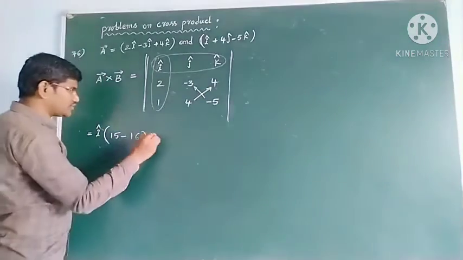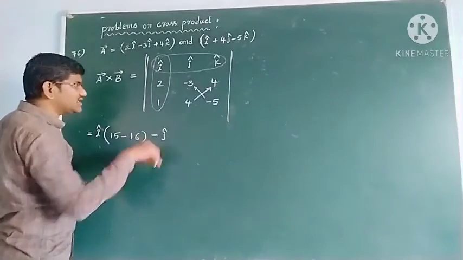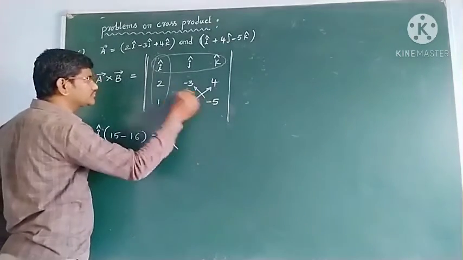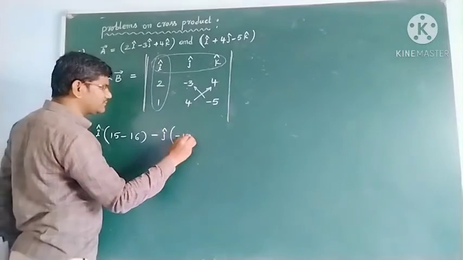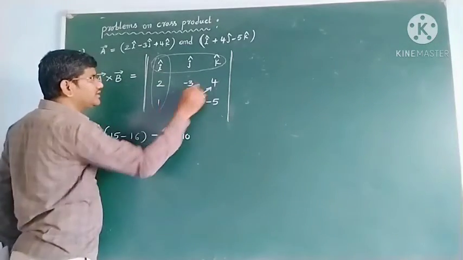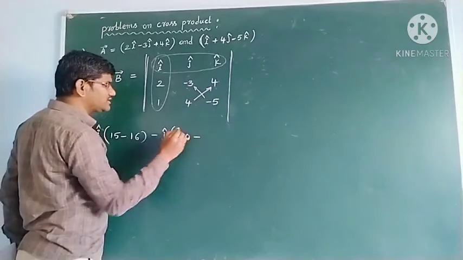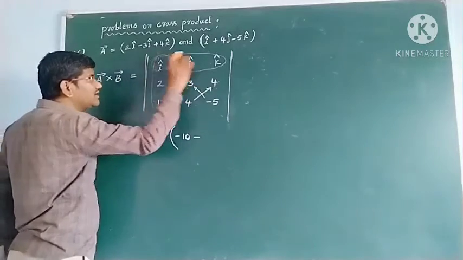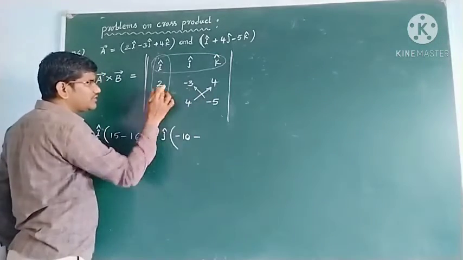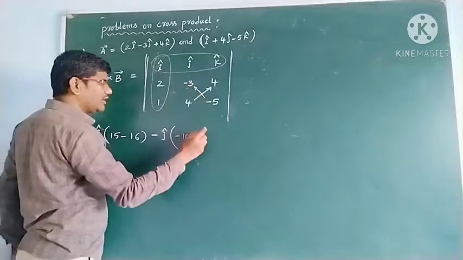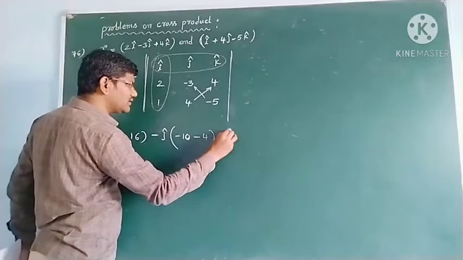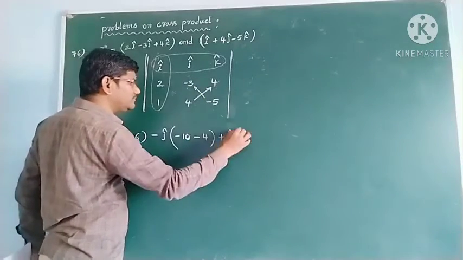So minus j cap into, take the product of these two, minus 10, and take the product of the other two, okay. J cap means you leave this vertical line and this horizontal line: 5 into 2 is 10, so minus 10, and 1 into 4 is 4, plus k cap into.